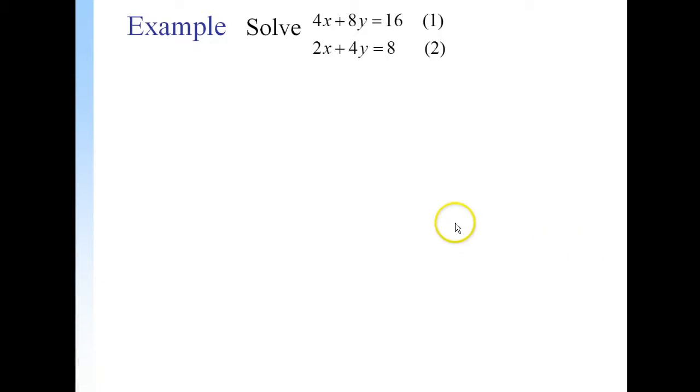Now how about this one? You recall we did one like this before. If I multiply this one by 2, it becomes the same equation. In fact, that's going to be our next method here, where we use what we call elimination. So let's show you this method.